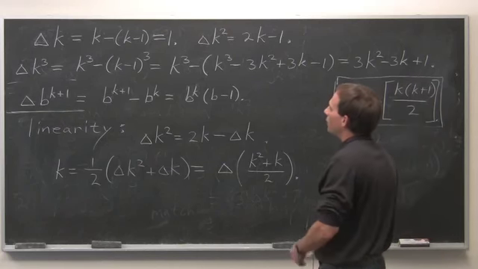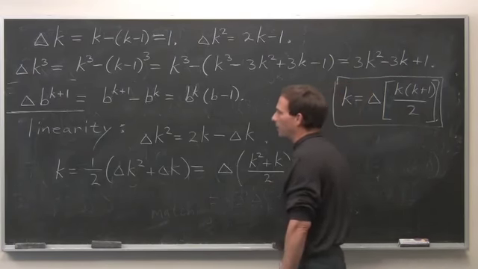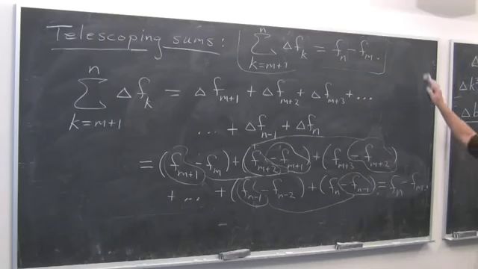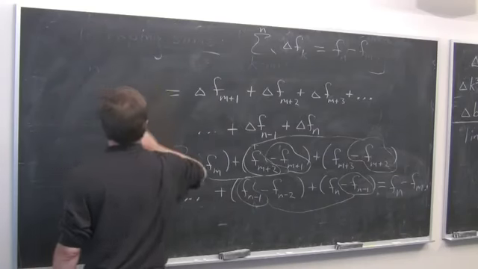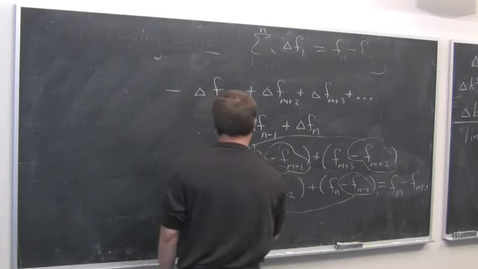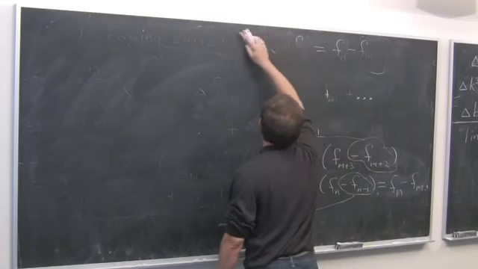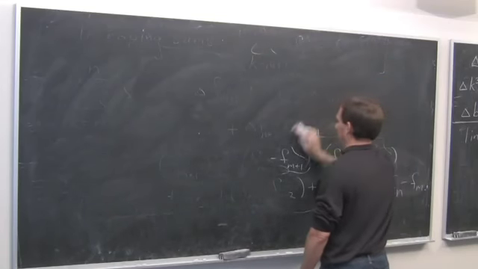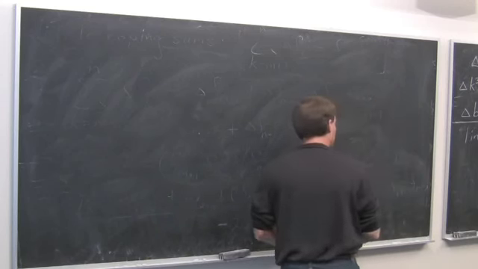Okay. You can do this for k squared, but it gets a little uglier. But maybe I'll start it and not finish it. Can we find a function so that delta of it is k squared? The answer is yes. It's not terribly attractive, but it's not difficult.